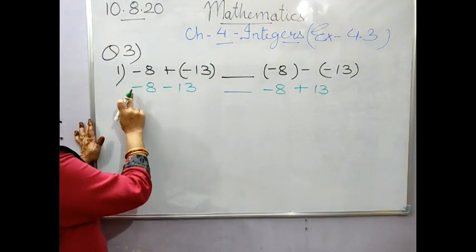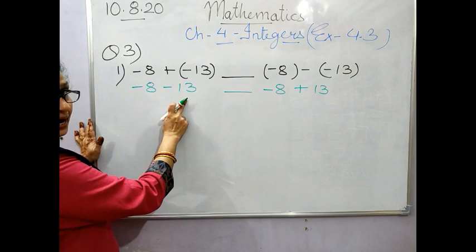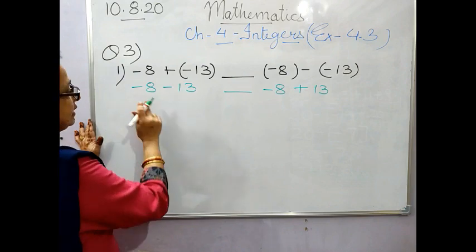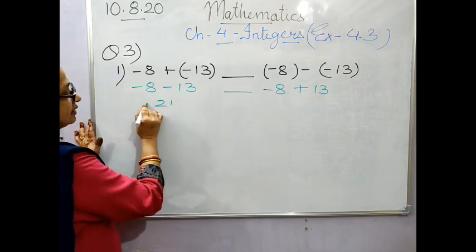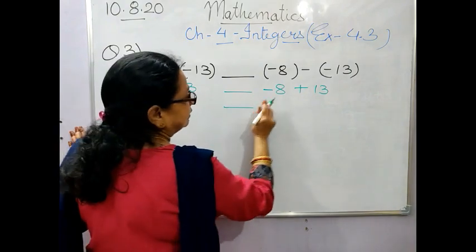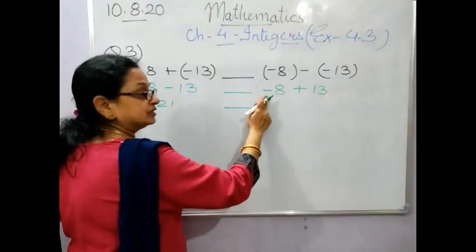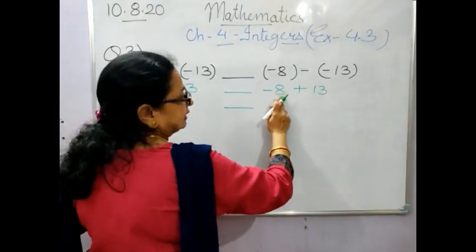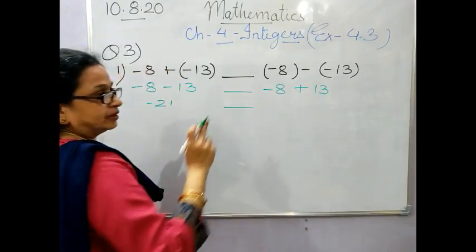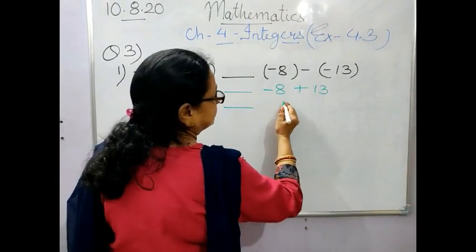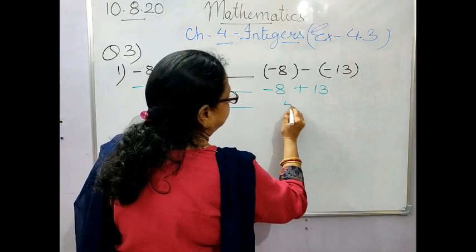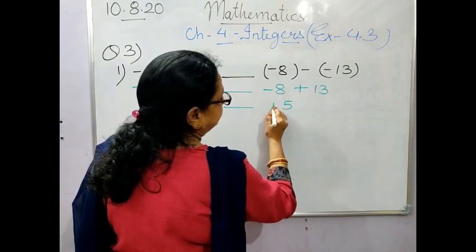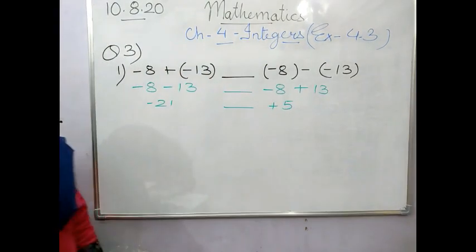Now look here, similar signs, that means you will add. So 13 and 8 is 21, same sign. Signs are different, so we will subtract. What is 13 minus 8? It is 5, and the sign will be plus. Can you see it?